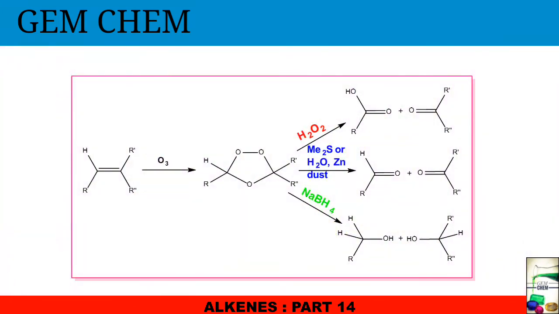So let us start. If you can see here, an alkene is given, and when ozone is added, this is formed, and this is known as ozonide.